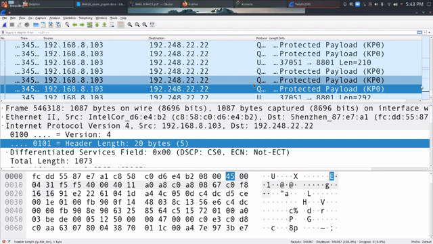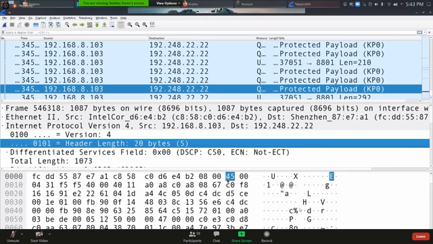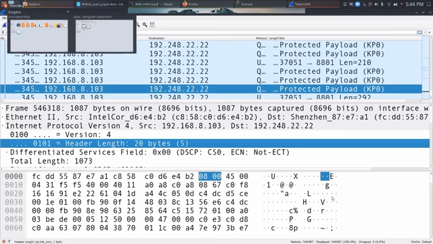Yes, 4 bits are used for the IP header length, to store that information. That means a total of 8 bits are used to store the version and header length. Yes. They have reserved exactly 1 byte, because 8 bits exactly equal 1 byte.